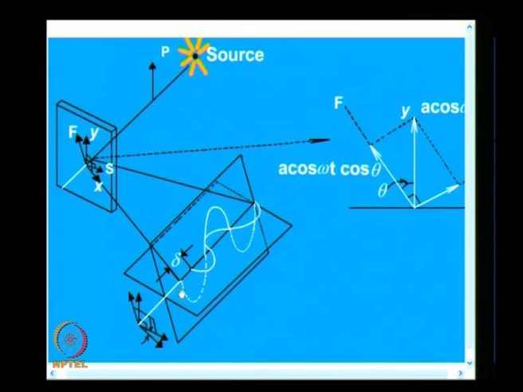And what has happened? This wave has travelled past the other wave, that is what is shown in the sketch. So, this has traversed the thickness of the plate faster than the other wave.